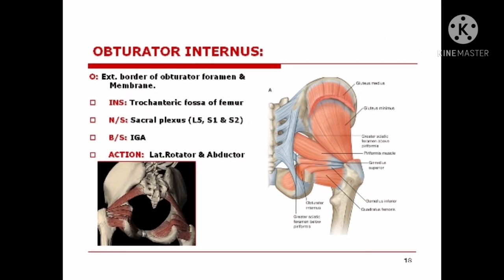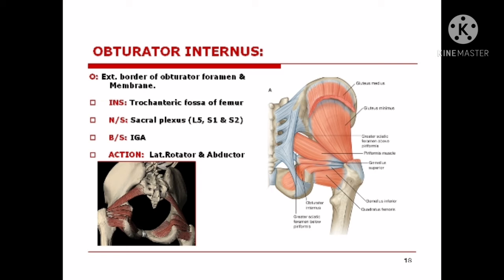The obturator internus arises from the external border of the obturator foramen of the iliac bone and the obturator membrane. It inserts upon the intertrochanteric fossa of the upper end of the femur, the fossa between the greater and the lesser trochanter.